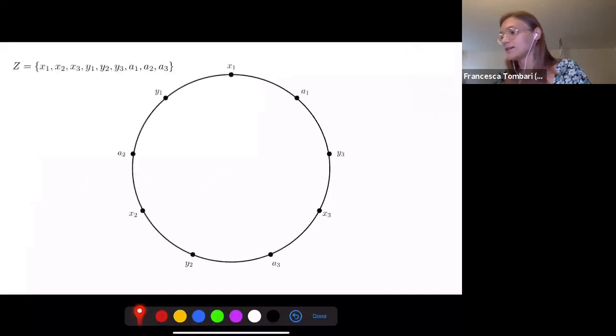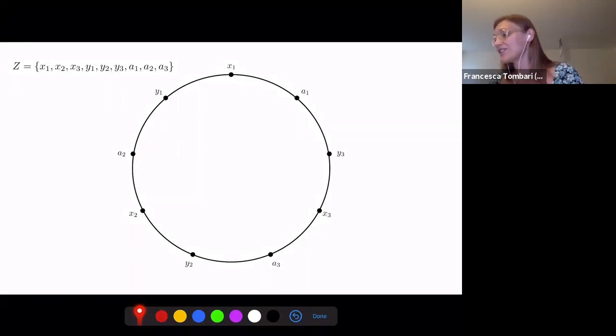So let me start with an example. Consider these 9 points on the circle labeled as X, Y, and A, numbered from 1 to 3. And you will see in a second why I gave these names to these points.